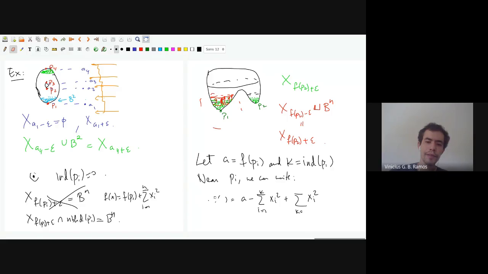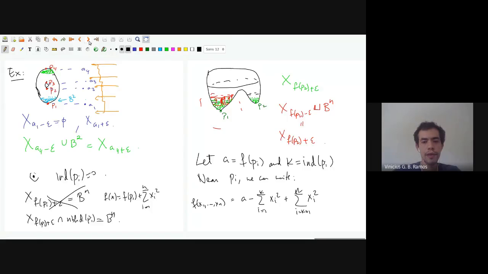I'm going to write f of x1 through xn. Okay, so in a chart where I take pi to go to 0, I have that the function has this behavior.